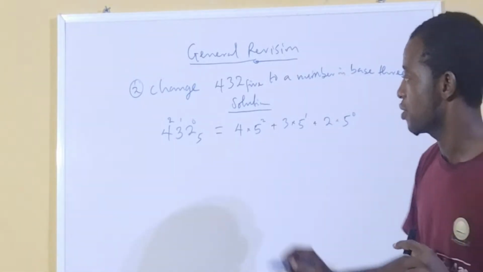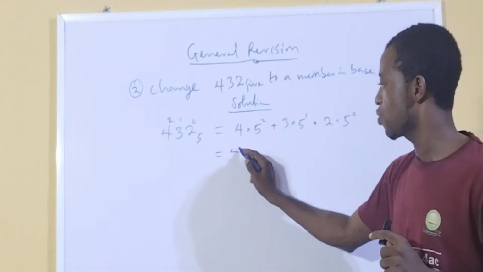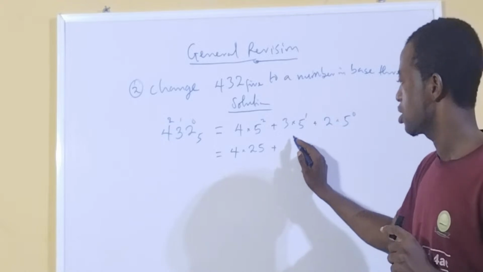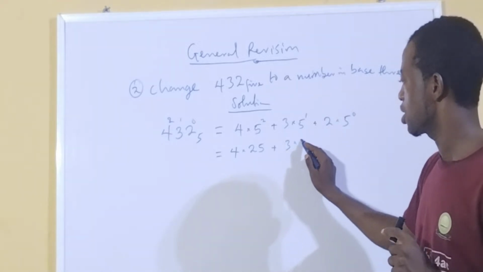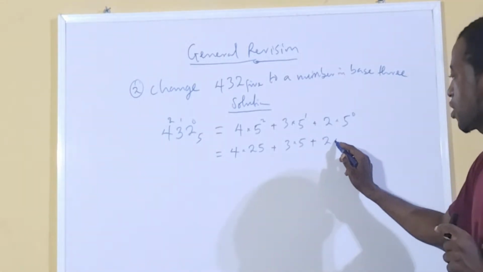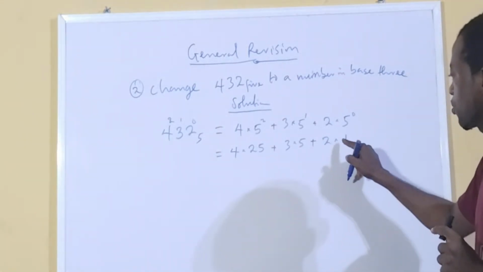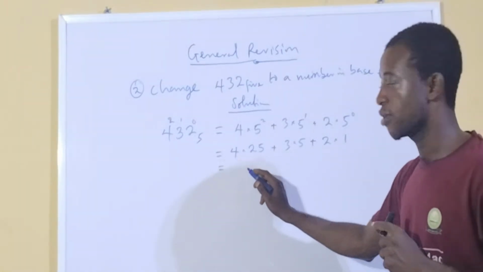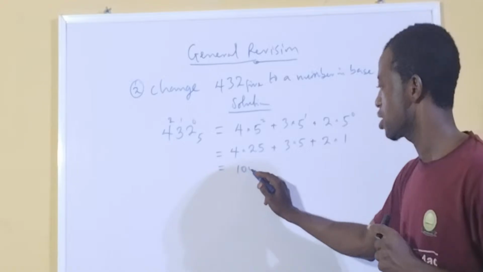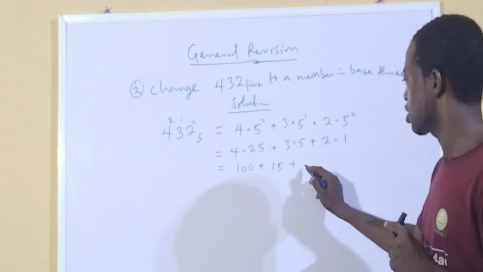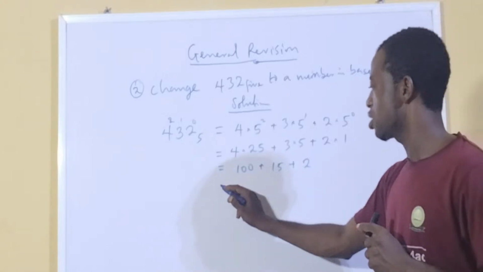To simplify, 4 times 5 squared, that's 4 times 25, which is 100, plus 3 times 5, that's 15, plus 2 times 1, that's 2.